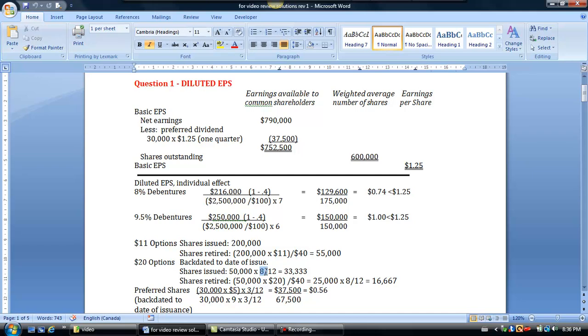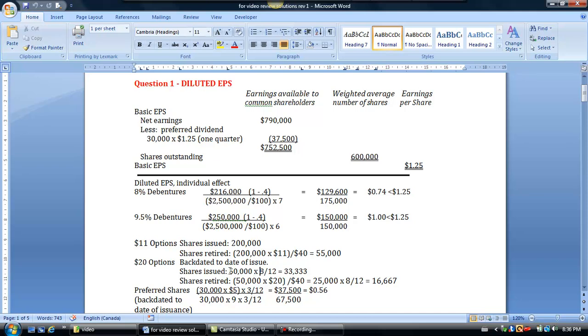So again, because the options weren't outstanding before May the 1st, we know that at December 31st, if they were exercised, they wouldn't have been exercised before May the 1st.